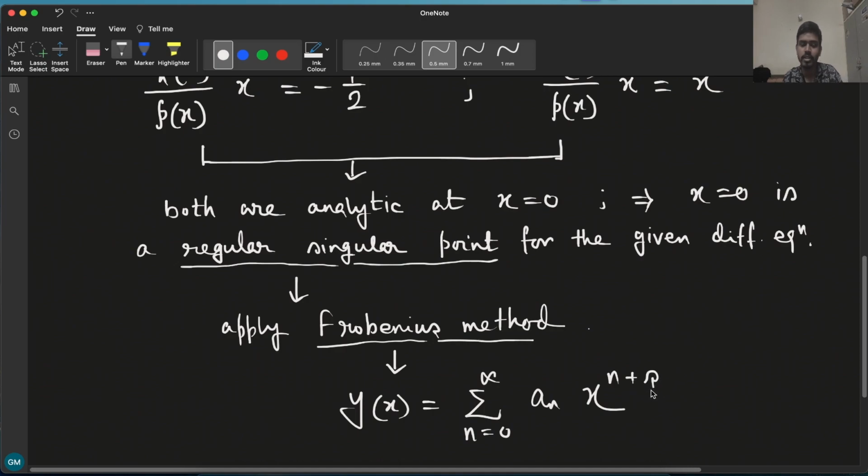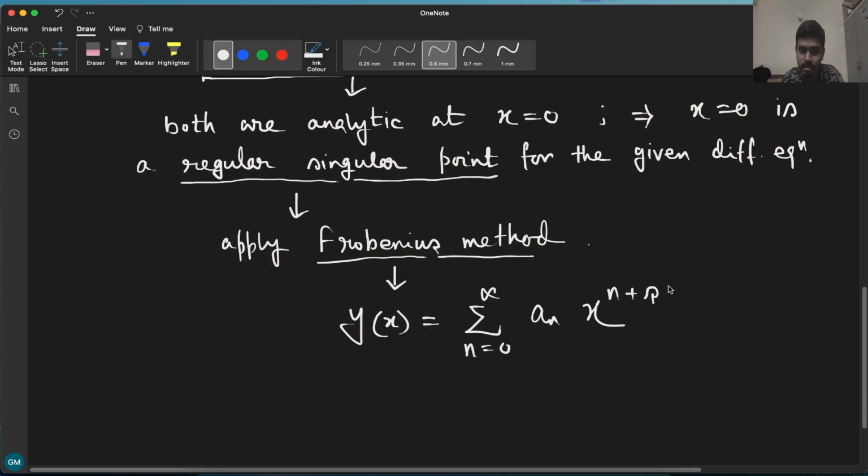We need to determine this s and this a n from the differential equation.